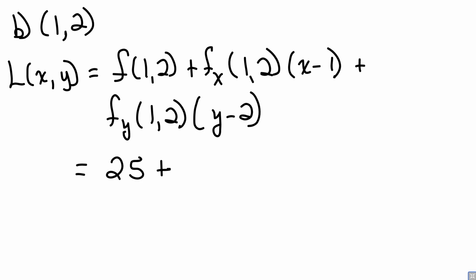Oh, no, wait. Did you get 10 both times? Yeah, for f of x at 1, 2, I get 10. So f of y at 1, 2 should also get 10, because it's going to be the same derivative.